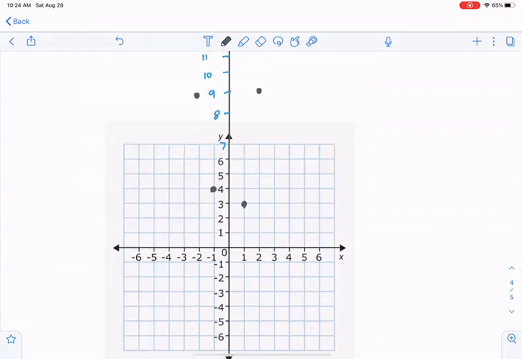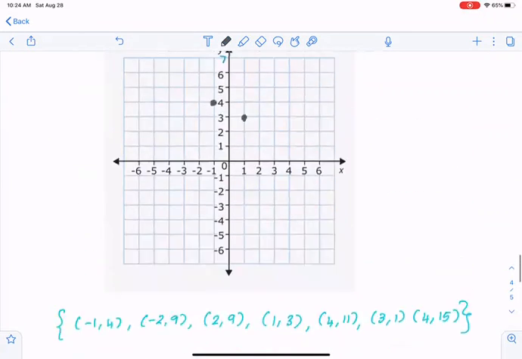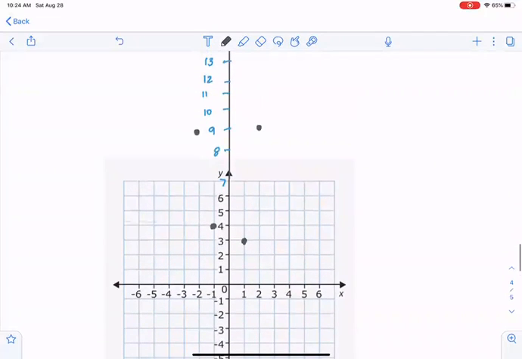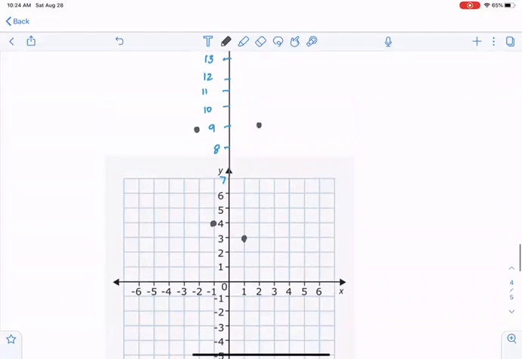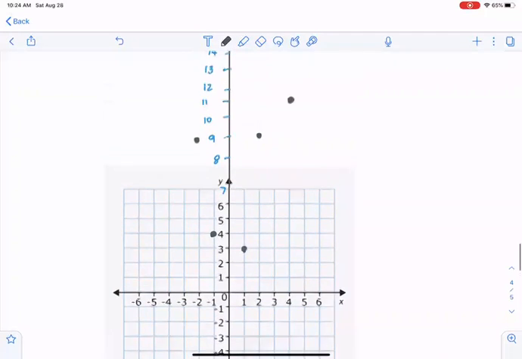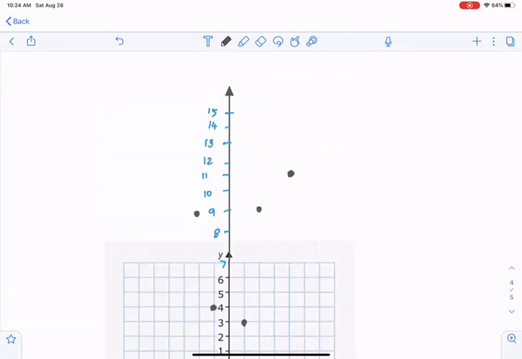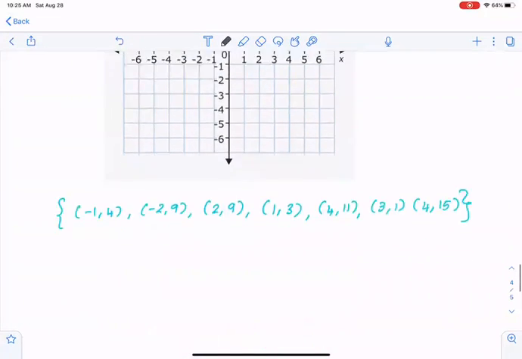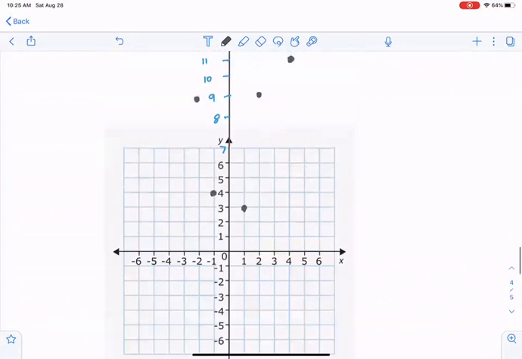So 1 to 3 is that point. 4 is going to 11. And 4 is also going to 15. And lastly, we have 3 that is going to 1.